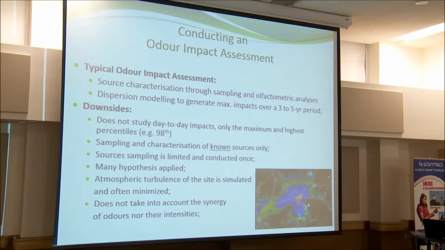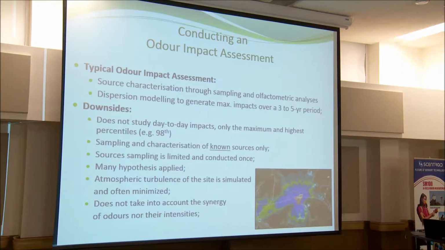Source sampling is limited because it's only conducted once. There are many hypotheses applied when you do dispersion modeling. The turbulence is often minimized. You have small buildings, you have areas with water, you have different types of densities around the site, fugitives that are not assessed, tanks that are not modeled at buildings.